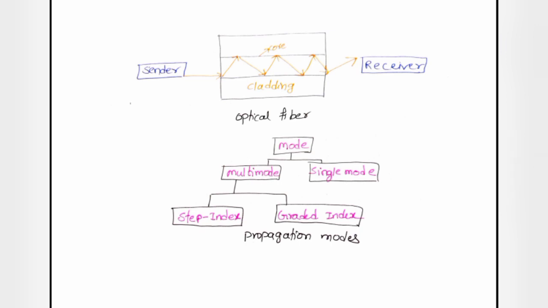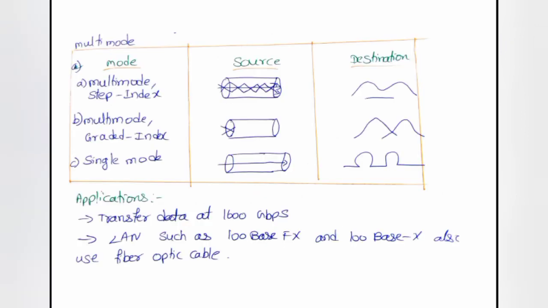And the multi-mode is again divided into two types, that is step index and graded index mode. In the multi-mode step index, there will be more reflections within the optical fiber cable. So what is meant by multi-mode and single mode?